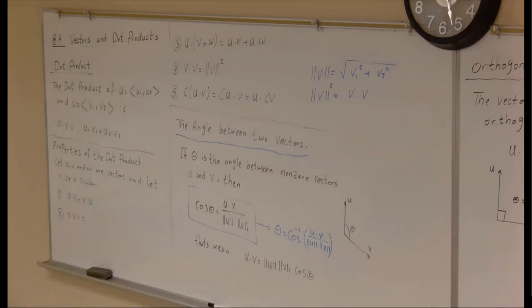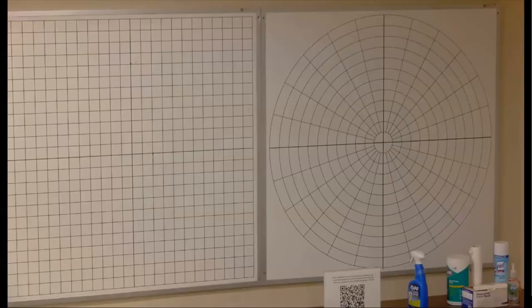Let's check these examples. The dot product is going to be u1 v1 plus u2 v2.